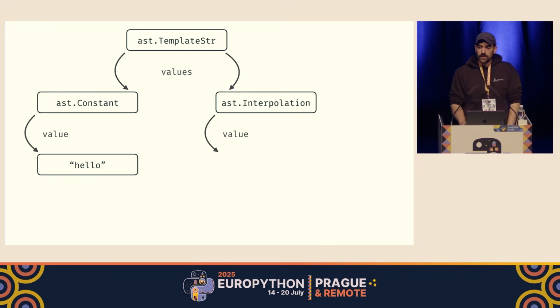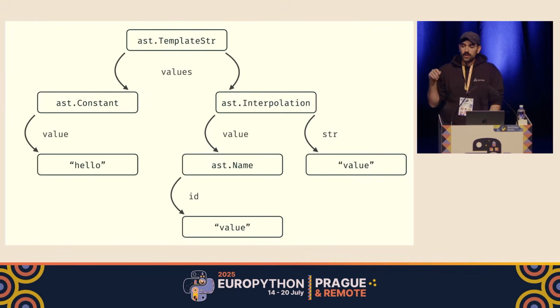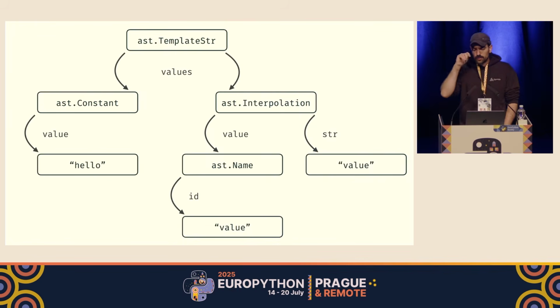It has an interpolation, a name, which is value, and then a string, which is value. Notice how the interpolation part has value twice. That's once for the actual variable and once for the text that's inside the braces. We need that to do some further processing further down the road. So this is that tree-like syntax structure that the compiler actually uses.